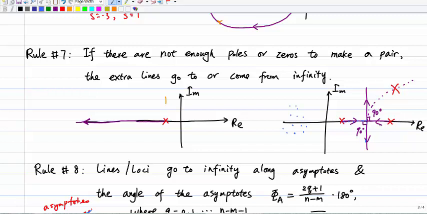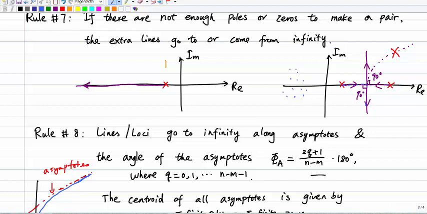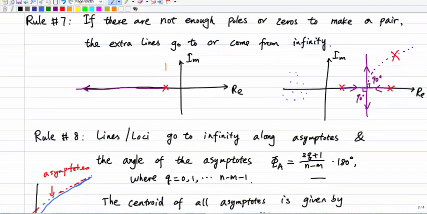Now let's go to rule number 8. It's the most complicated one of the rules we've talked about so far. It says the lines of the locus go to infinity along asymptotes, and the angle of the asymptote is given by phi_a = (2q+1)/(n-m) times 180, where q is from 0, 1, up to n-m-1.